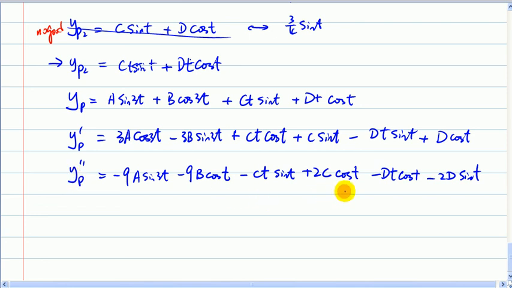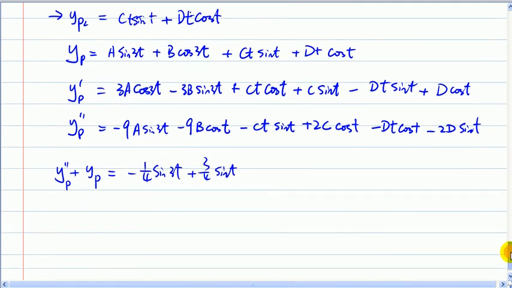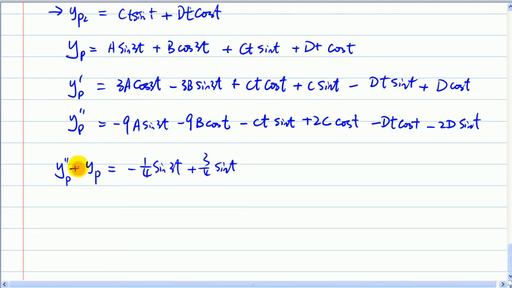Let's double check everything's good. We can substitute this into the equation, and it should satisfy it. If I substitute yp prime and yp over here and do a little simplification, we can get this.